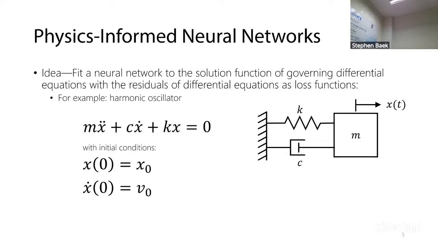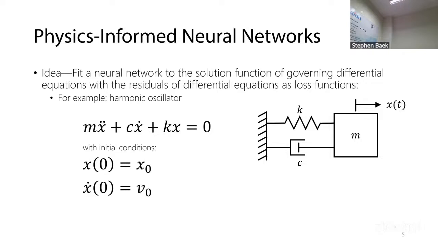Instead of looking at the high level conceptual stuff, let's take a simple, more specific example, which is the harmonic oscillator. This is not necessarily a PDE. It's an ordinary differential equation, and this is something that you should have seen already at the undergraduate level.